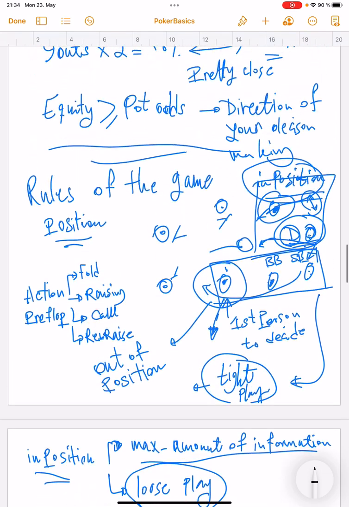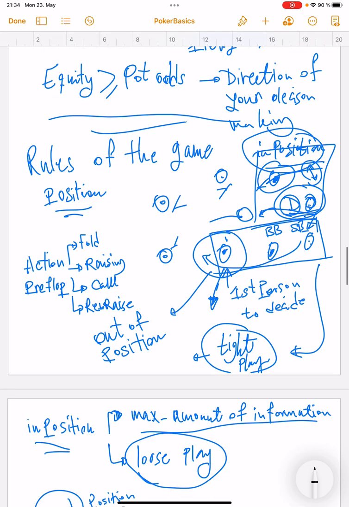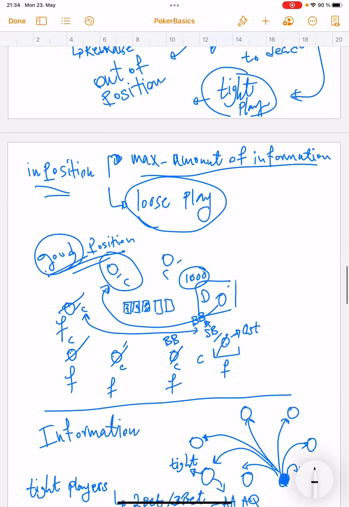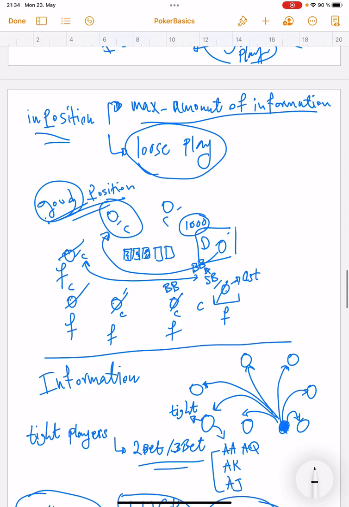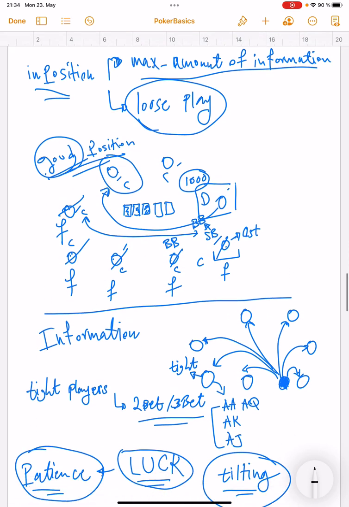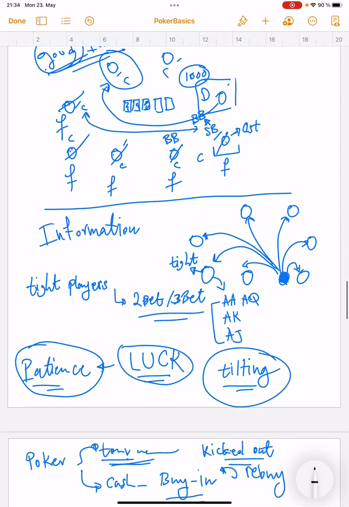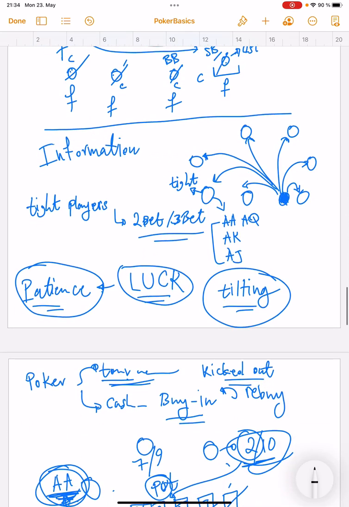We talked a little bit also about position, tight play, loose play, and using the factor of position in your gameplay. This was another one.